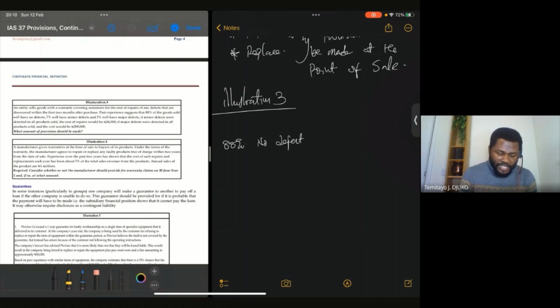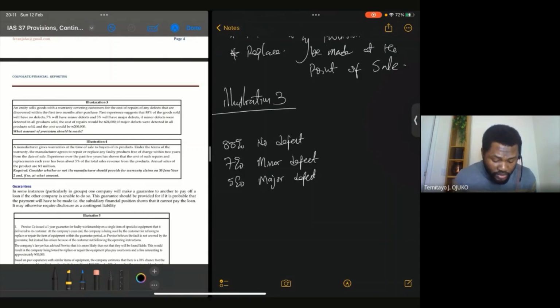Then we're told that 7% minor defect. Then we're told that 5% major defect. Now, what is the total number of goods that was sold?